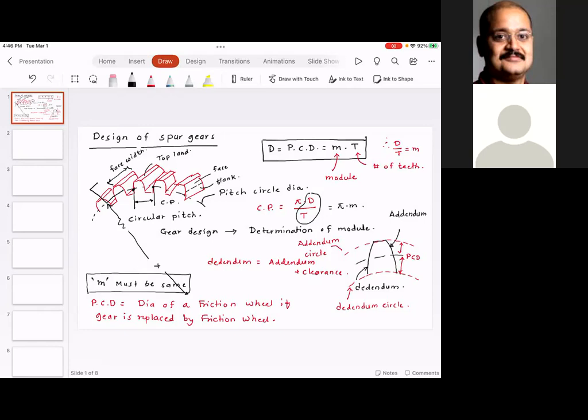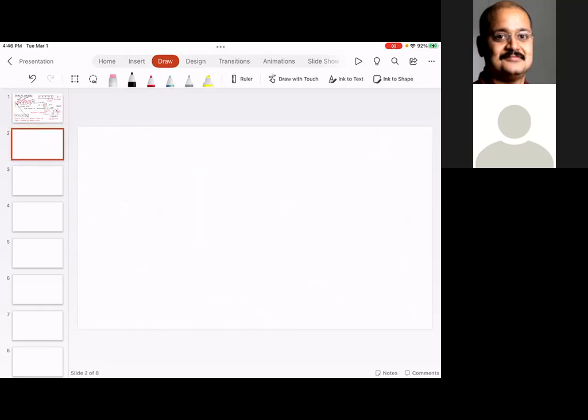So if you look at the gear, here are some standard dimensions of the gear. First and foremost, let me write this down: gear dimensions are proportional to module.